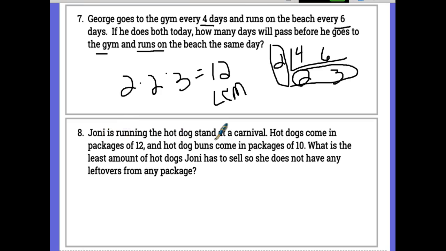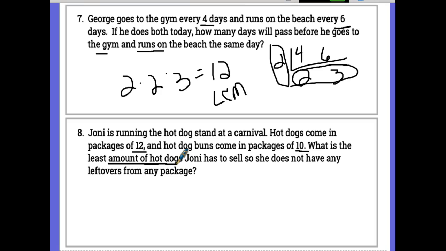Joni is running the hot dog stand at a carnival. Hot dogs come in packages of 12, and hot dog buns come in packages of 10. So you have more hot dogs than buns when you buy the packages of each. What is the least amount of hot dogs Joni has to sell so that she does not have any leftovers from any package?